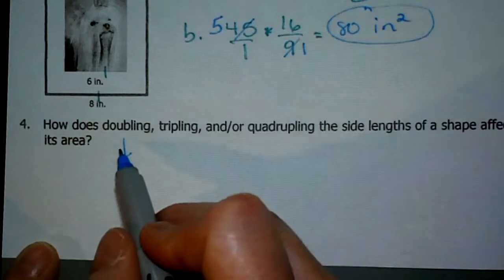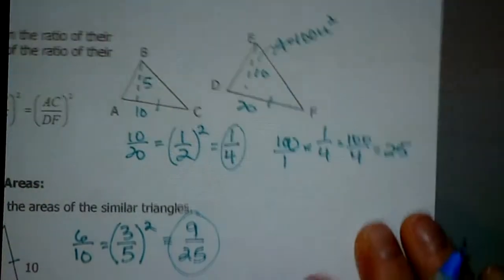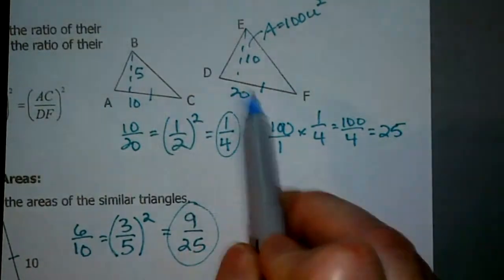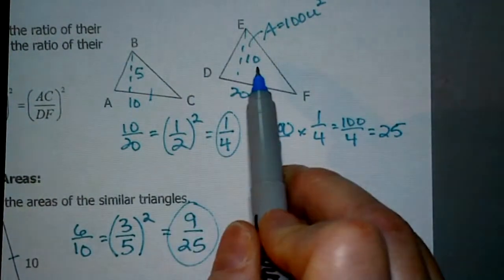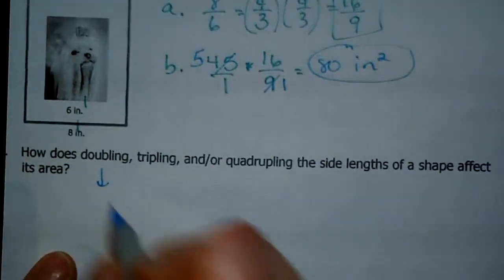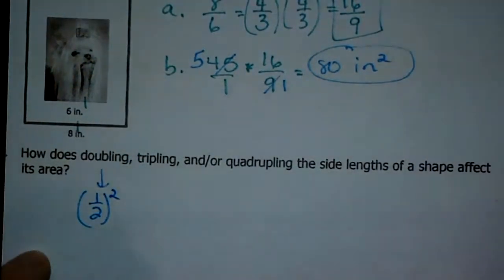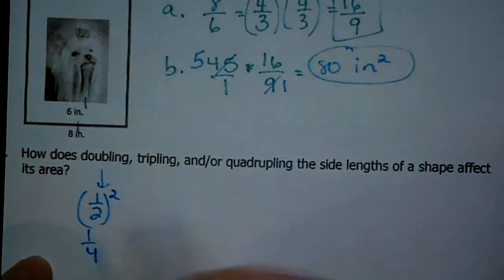So let's say that in your first shape, look back up here, this doubles, right? From 10 to 20 and from 5 to 10. And you see how I'm using 1/4 for that? So in a doubling, it's like saying the ratio of 1 to 2 squared, which would be 1/4.